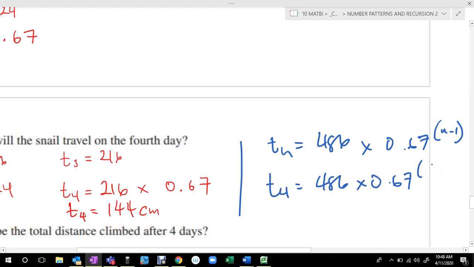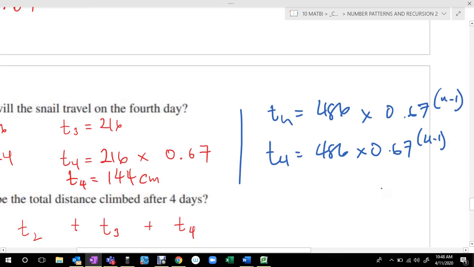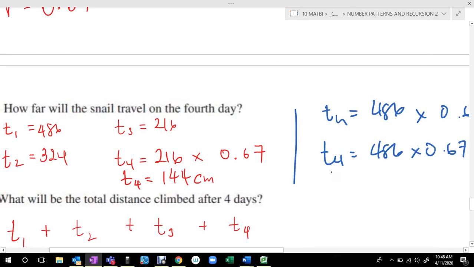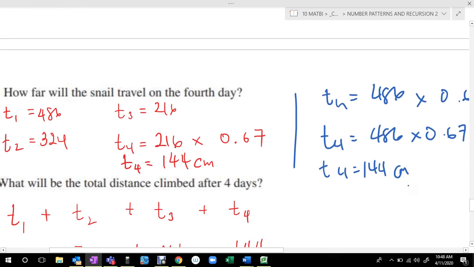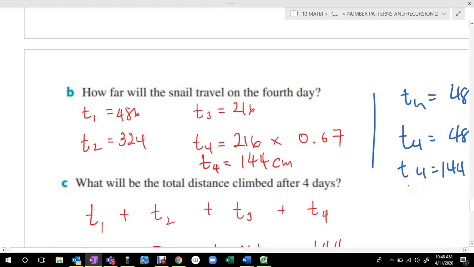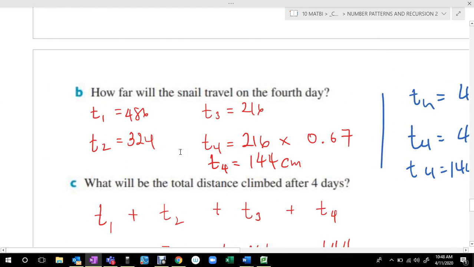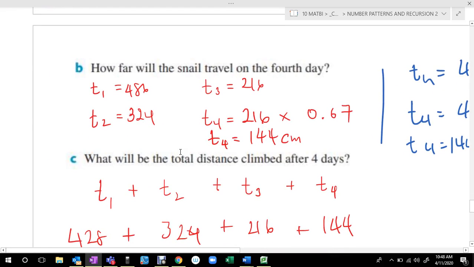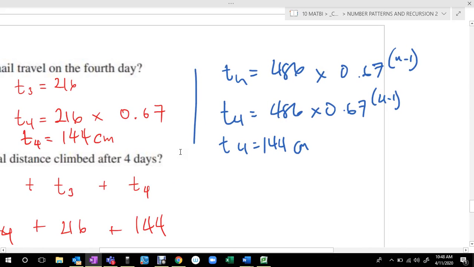So this is going to be 4 minus 1. And I got 144 centimeters. Okay, for that one. 144 centimeters. Or you can work it out one by one as well. That also works. Oh, what did you get? 144 centimeters on the 4th day.